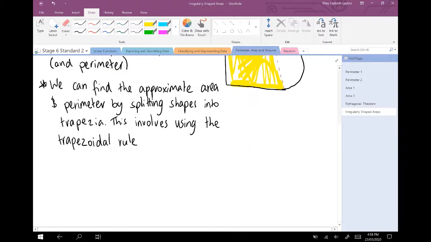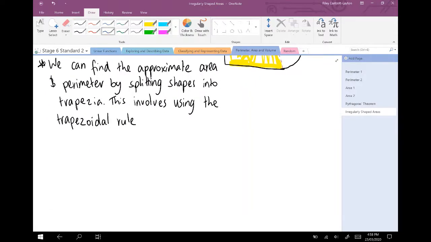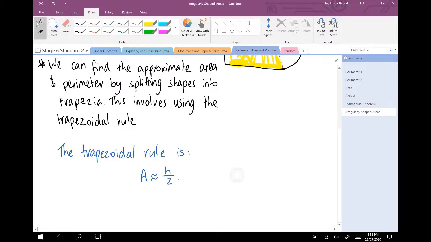But we might start off with the actual formula that we're going to be using. So the trapezoidal rule is: area is approximated by h over 2 times d subscript f plus d subscript l.